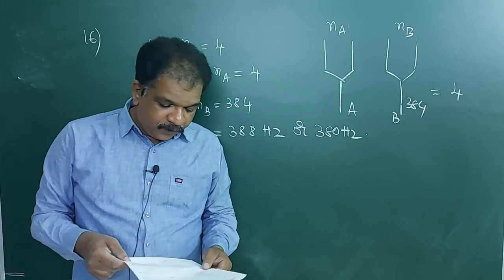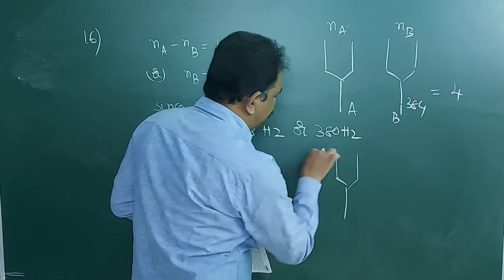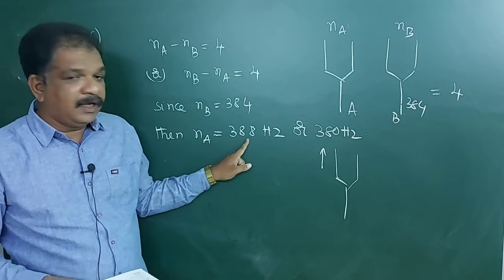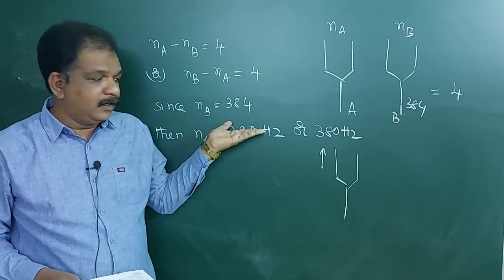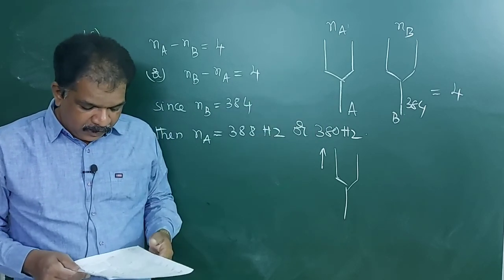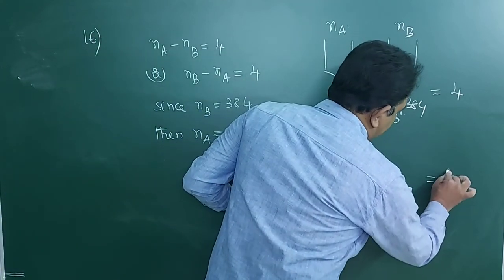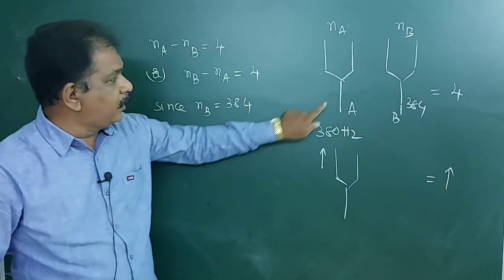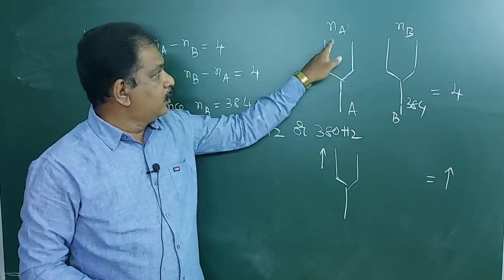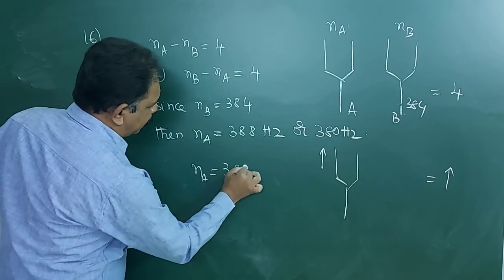When A is filed, its frequency will increase. If it is 388, it becomes 390. If it is 380, it becomes 382. What happened to the number of beats? Increased. The number of beats increased means definitely its frequency will be more, so it will be 388.